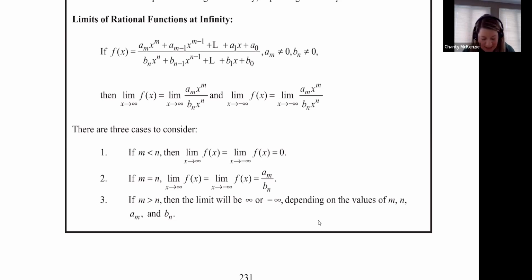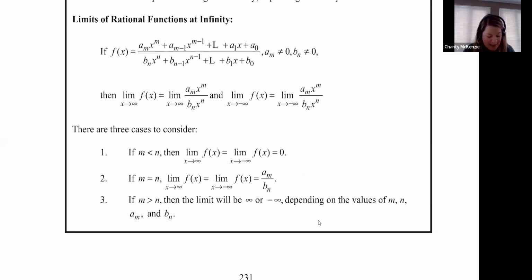I think this is just a little ugly to look at this way. Basically, if I have x to the third over x squared, then the degree on the numerator is bigger than the denominator. And that's what it's telling you down here.